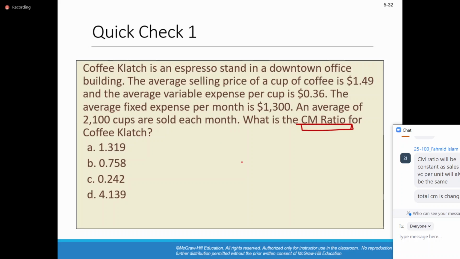Okay, we see that price per unit is 1.49, and our variable expense is $0.36. We need to get this calculation. Do not use your calculator. You see that it is approximately 1.5.